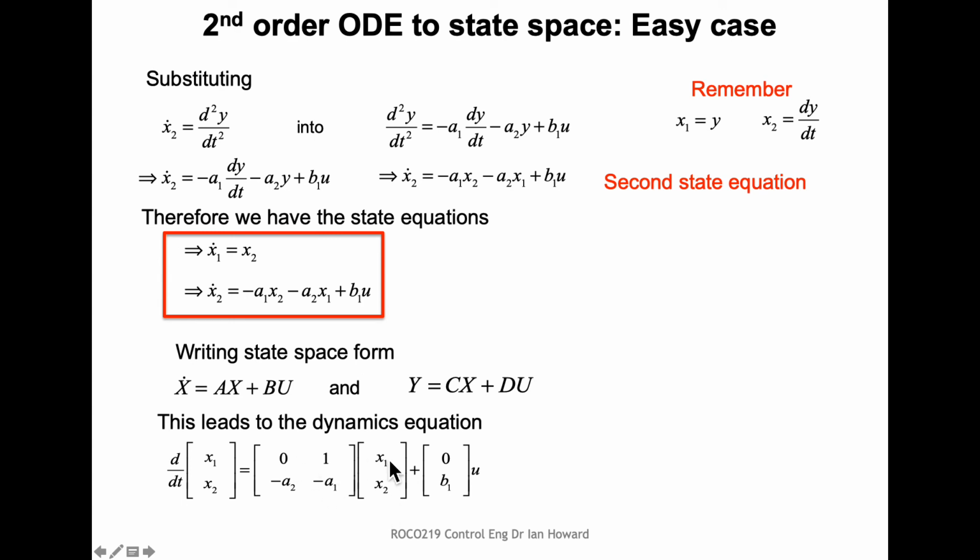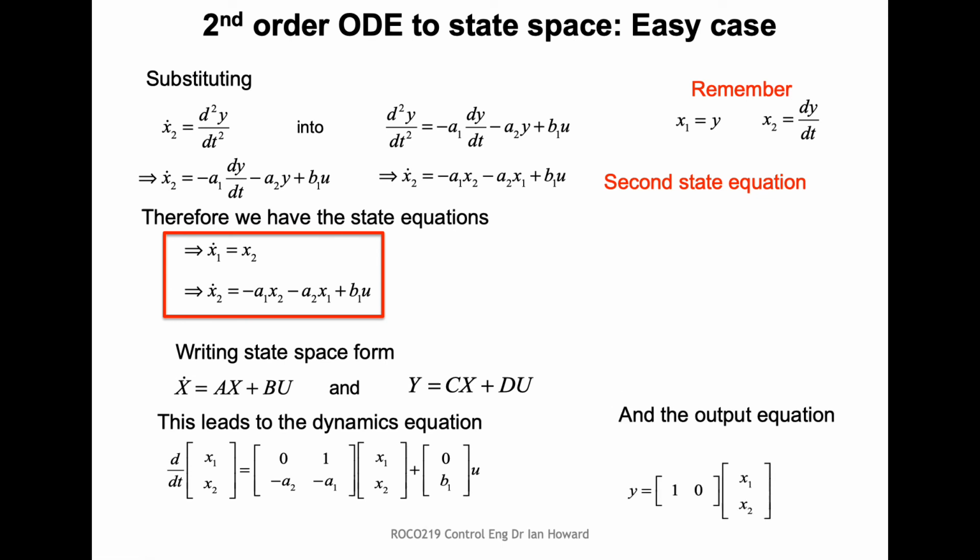So 0x1 plus 1x2 gives us x1 dot. That's what we're saying here. And there's no contribution from the input, so there's 0 lots of u. The x2 dot then is going to be minus a2 times x1. That's that. Minus a1 times x2. That's that. Plus b1 times u. So that's that equation.